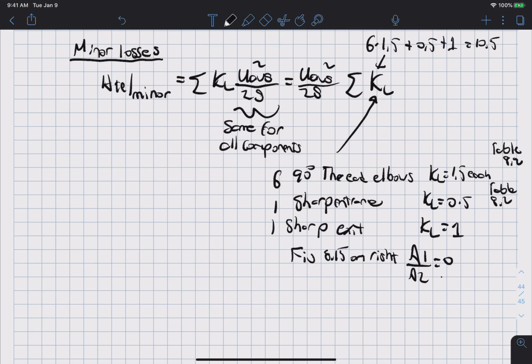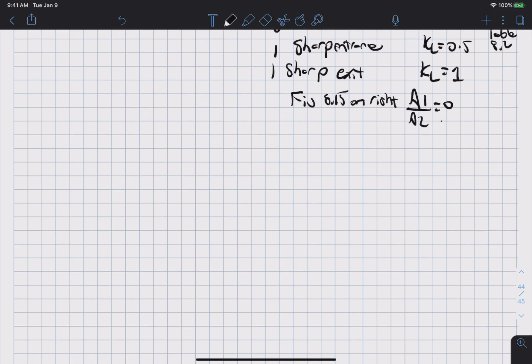And so we can punch in the numbers that we do know, everything except for the diameter.